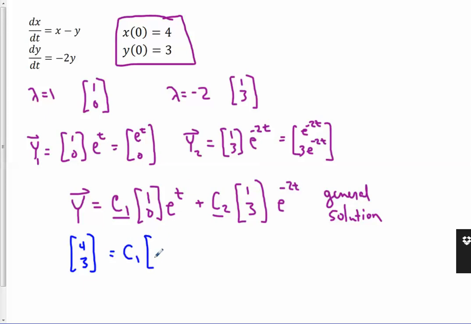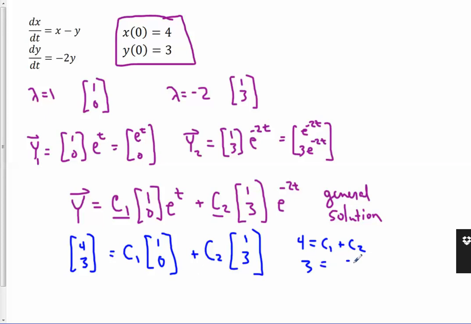So C1 times 1, 0, plus C2 times 1, 3. It's just algebra. 4 equals 1c1 plus 1c2, and 3 equals 0 plus 3c2. So we can see that c2 has to be 1.